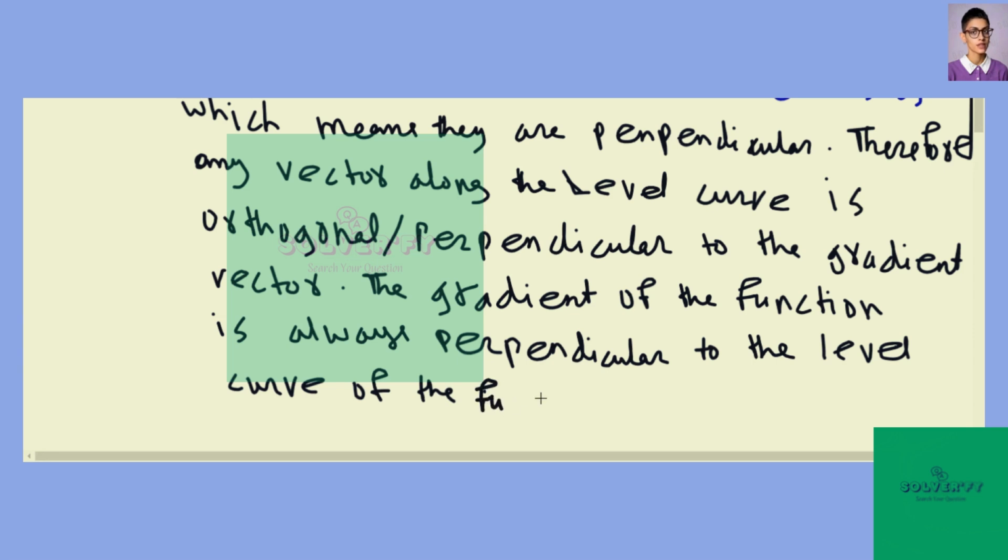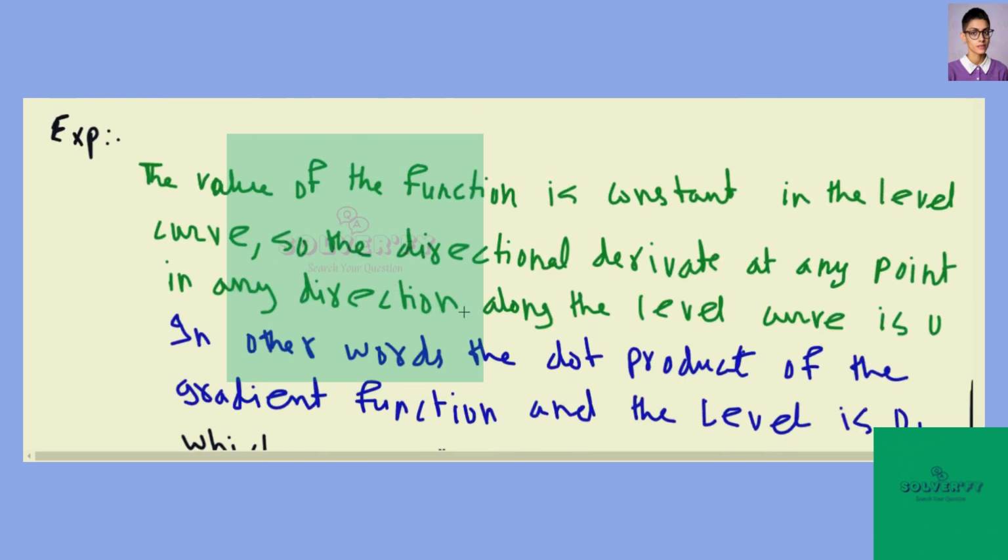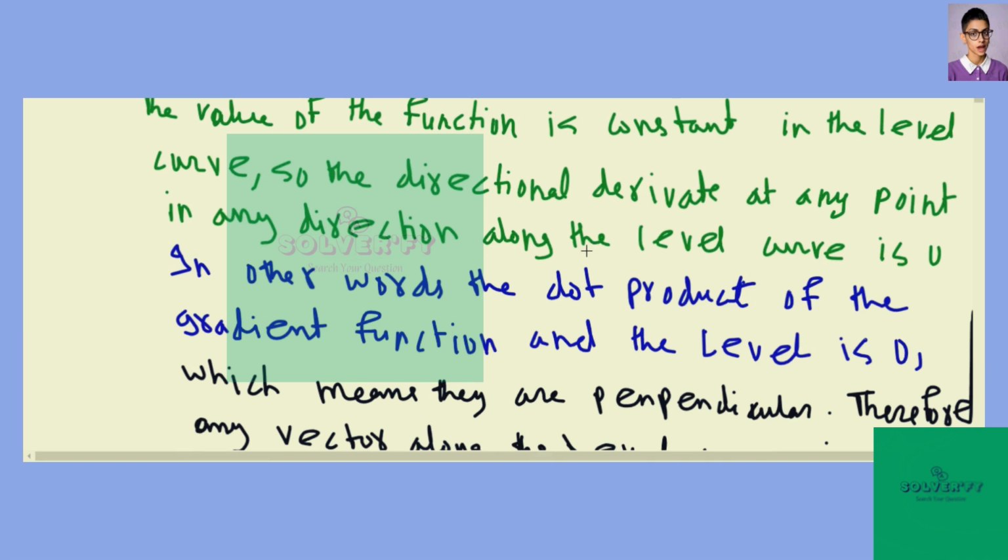So let me discuss. The value of the function is constant in the level curve, so the directional derivative at the point in any direction along the level curve is zero.